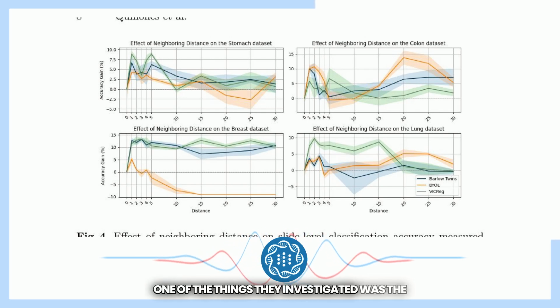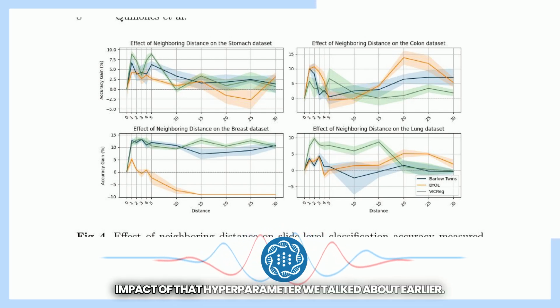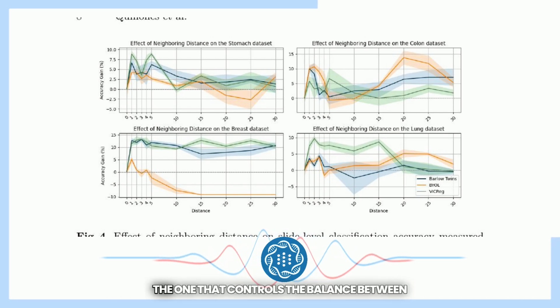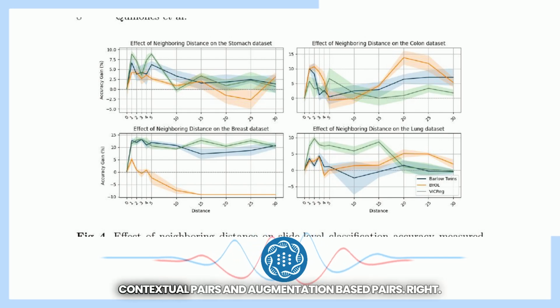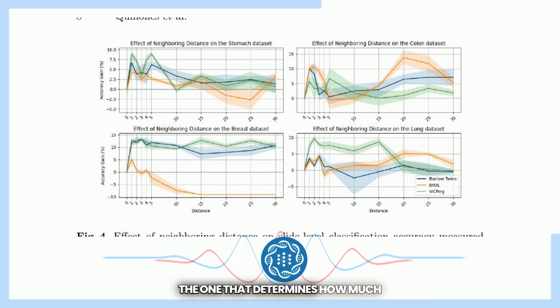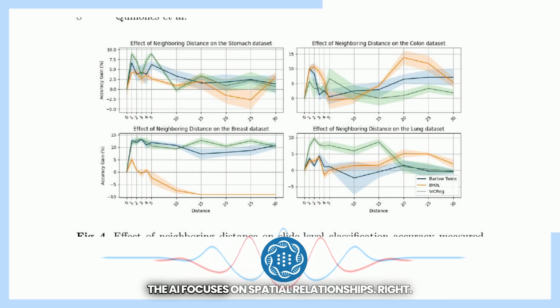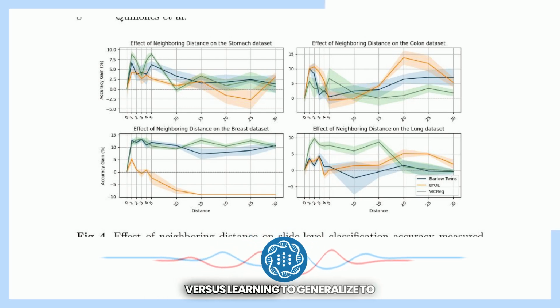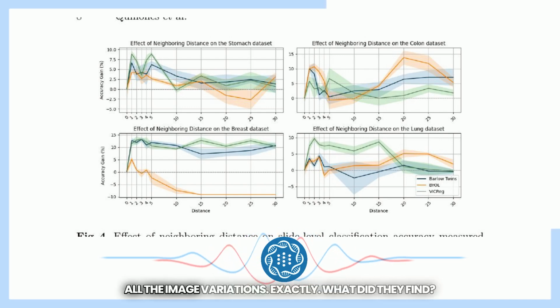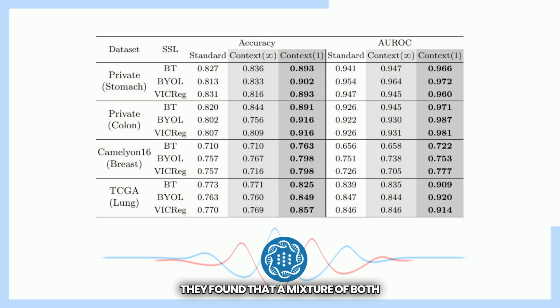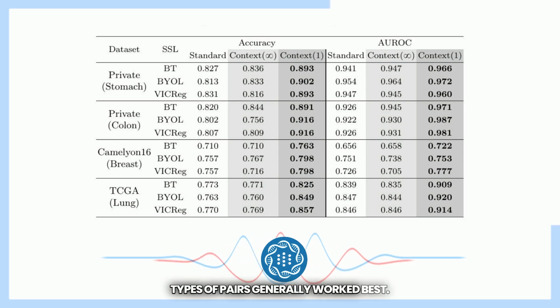One of the things they investigated was the impact of that hyperparameter we talked about earlier, the one that controls the balance between contextual pairs and augmentation-based pairs. Right. The one that determines how much the AI focuses on spatial relationships versus learning to generalize to all the image variations. Exactly. What did they find? They found that a mixture of both types of pairs generally worked best.